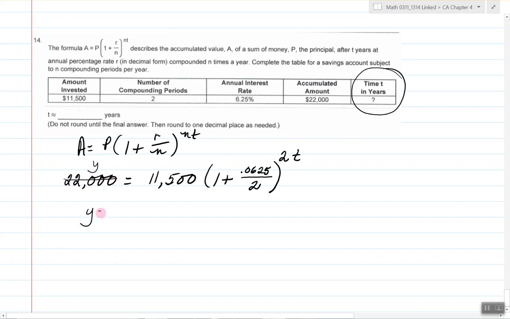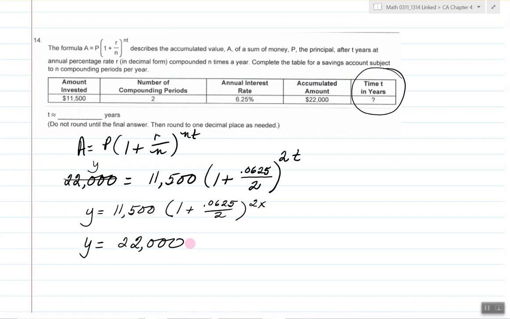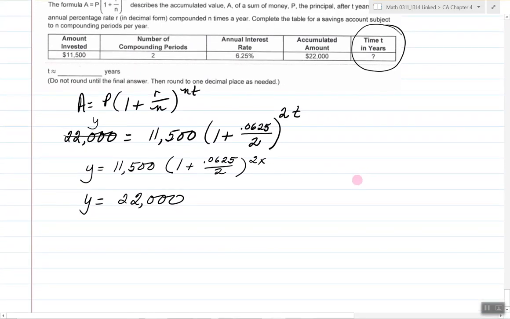So I'm going to type in y equals 11,500, open parentheses, 1 plus 0.0625 divided by 2, raised to the 2x power, and then I'm going to have a second y equals and say the y value is 22,000. If you wanted to do it algebraically, you certainly could. You would end up taking the log of both sides. It would be a little bit on the nasty side. So let's see what we've got.